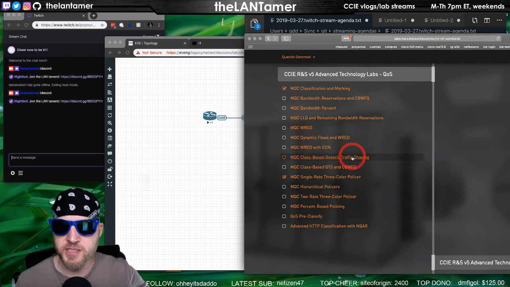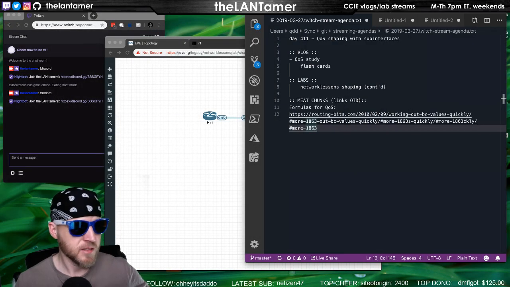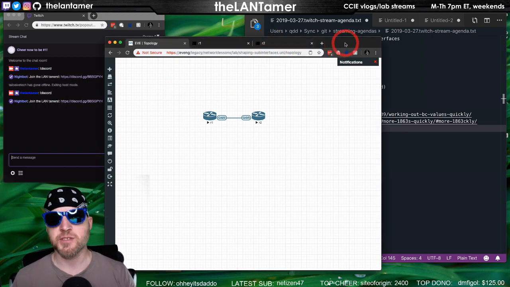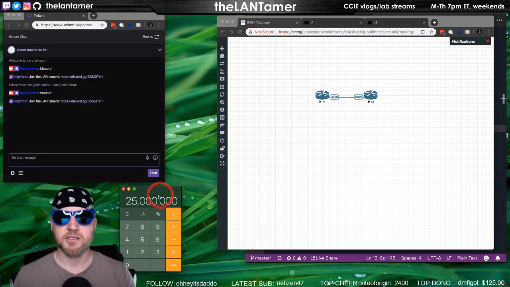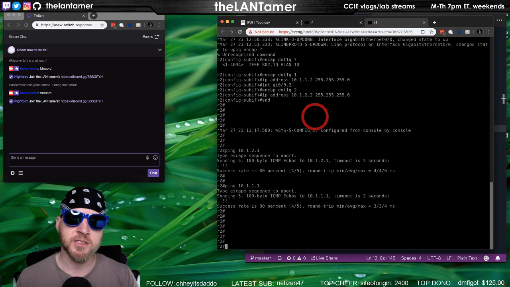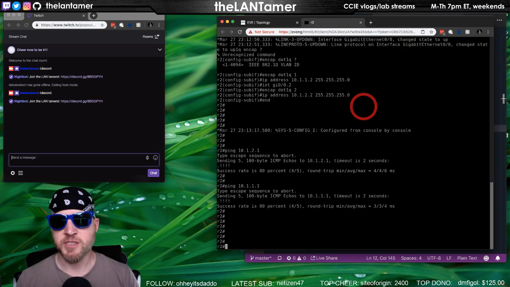But here's our generic traffic shaping, class-based generic traffic shaping, and CBWFQ. And then we got our 1, 2, 3, 4 police labs. So we've got 2 shaping labs, 4 police labs. All we got. But maybe it's all we need, because as we're seeing, the actual configuration is a cinch. Just understanding and knowing the formulas and knowing how to produce the result that is being asked for has been the challenge up until now.